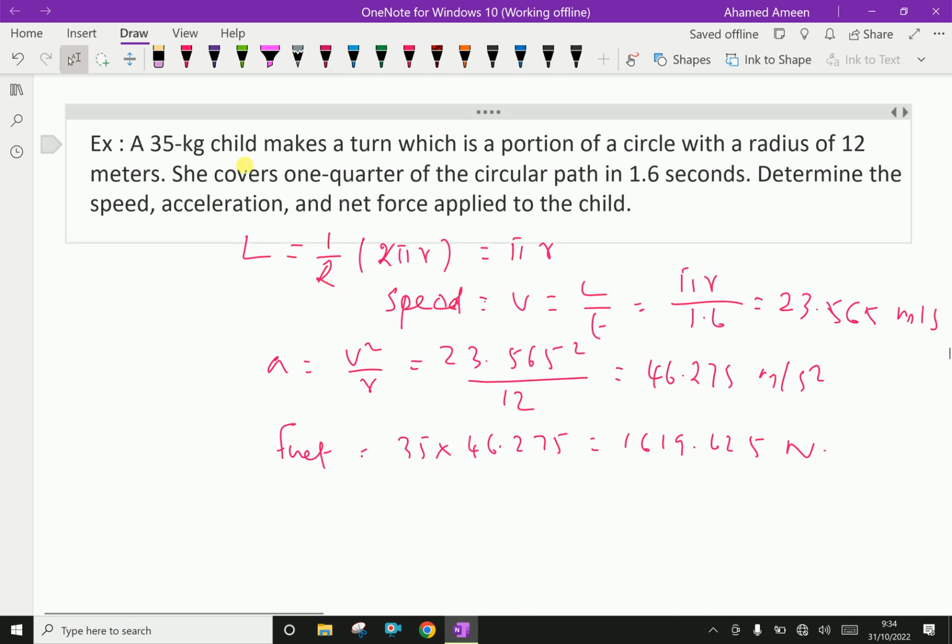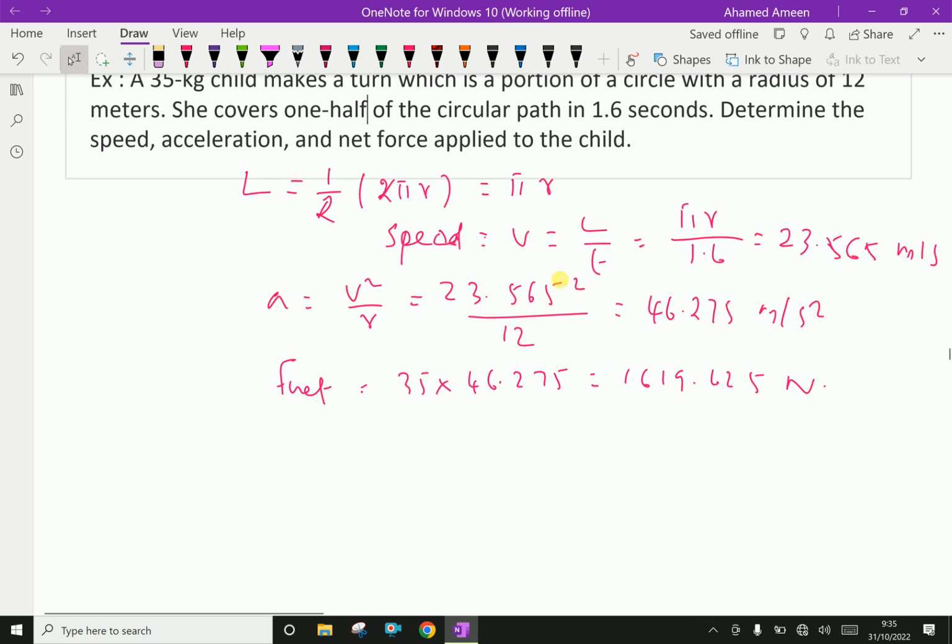Next here, this portion of the circle: it is not a 1/4 circle, it is a 1/2 circle. Before we considered 1/4, but here she covers 1/2 of the circle. 1/2 of the circle is half into 2 pi r, that is L equals pi r.